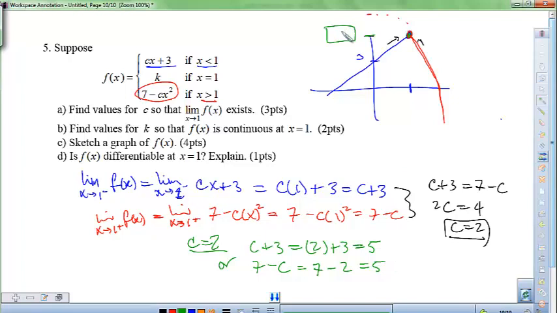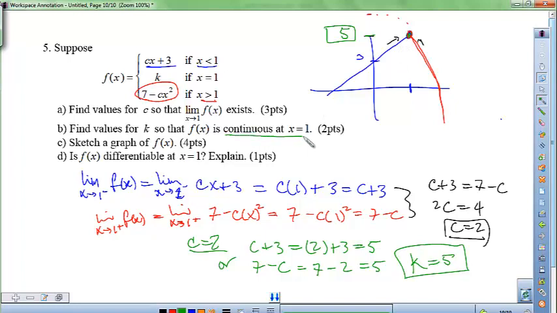And we better get the same number because we set those two things equal to each other. So we're going to want our k to equal 5 so that they have the same y value, and now those two graphs will meet. This hole will be filled in, and so this will be continuous.